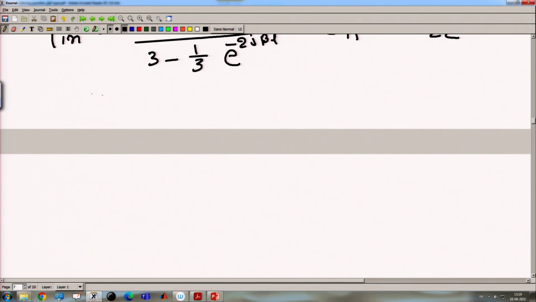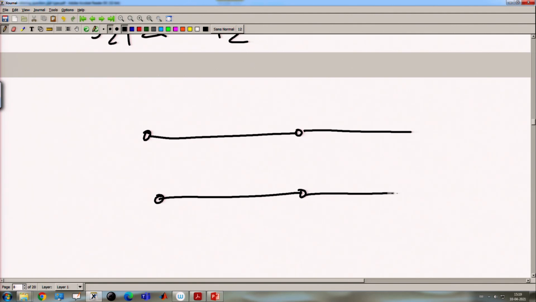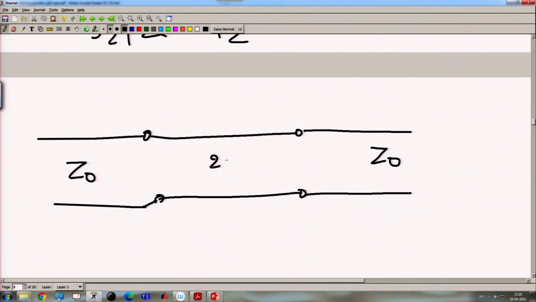Now, we have to find out S21 and S12. So, let us find out. We have the transmission line like this. On this side it is given as Z naught, and on the port 1 side this is also Z naught, and here this side is 2 Z naught.